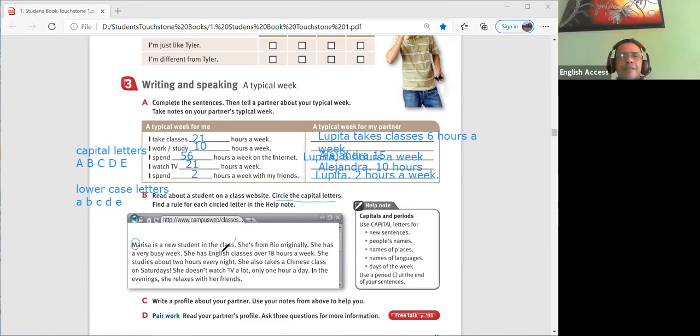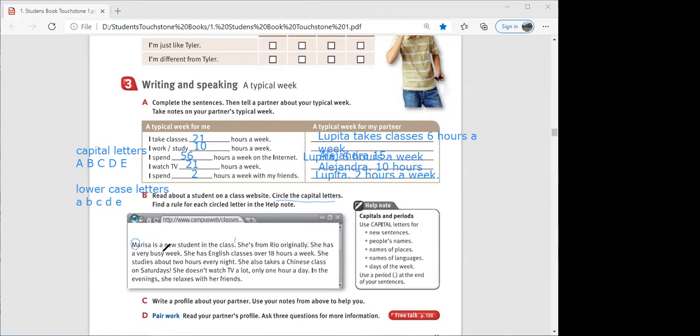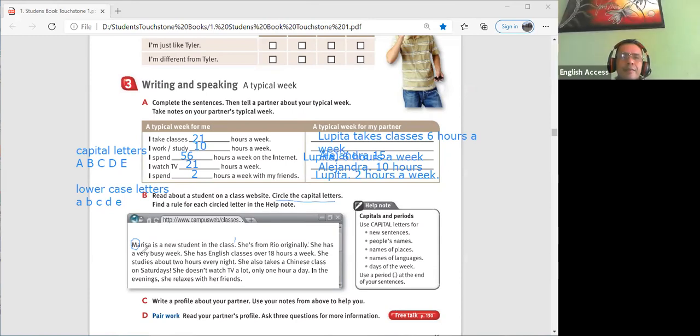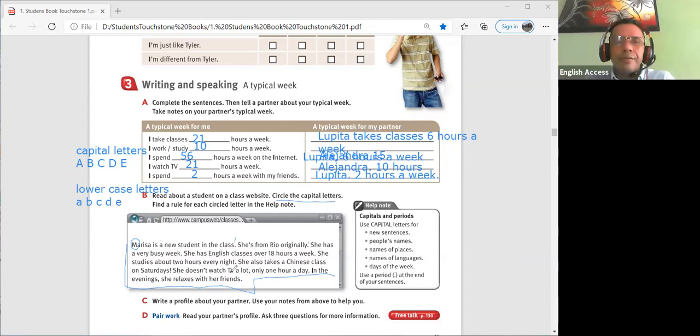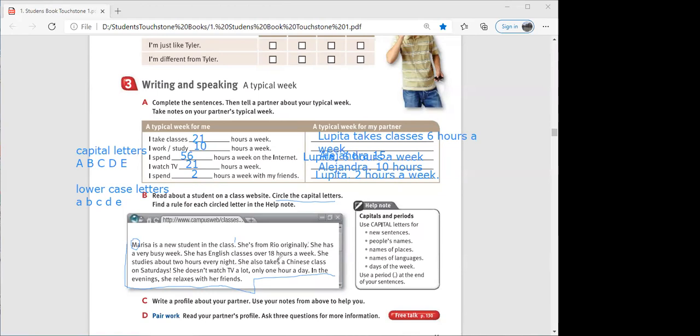This is one exercise. All right. Let's see. Flor, can you read this little composition, this letter? El texto. Maritza is a new student in the class. Capital letter is M. Continue. She is from Rio originally.